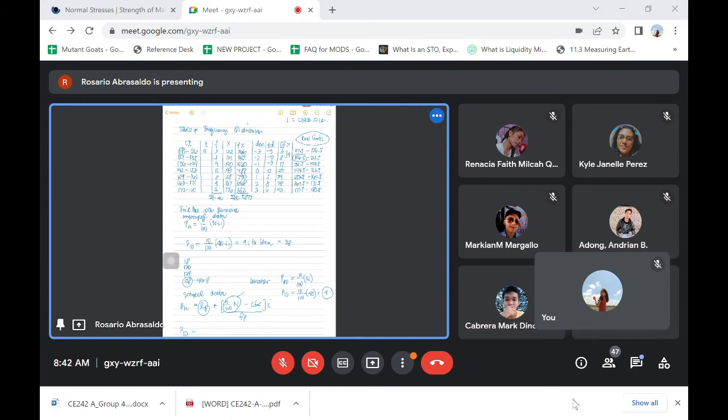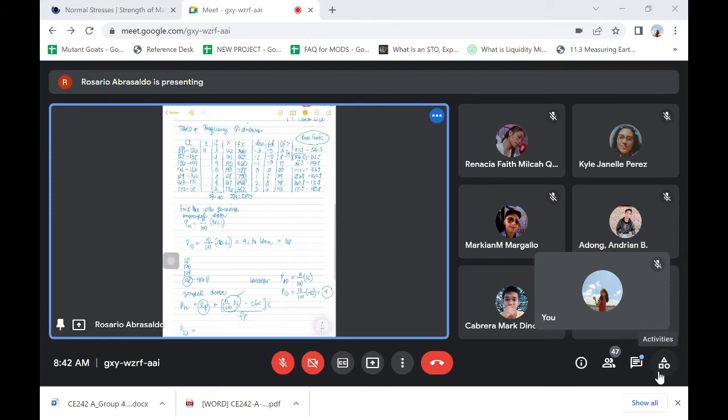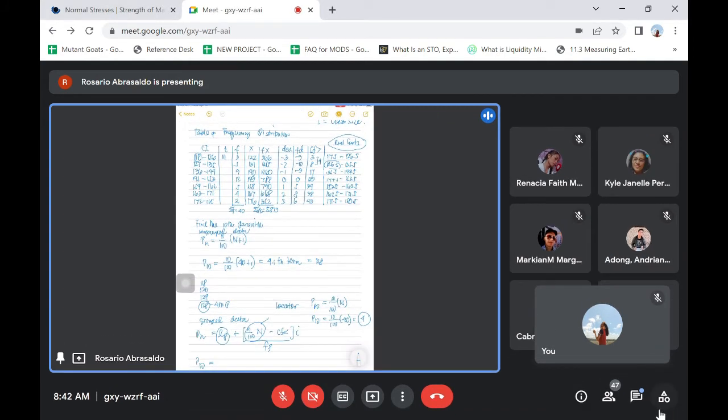126. What if ang ato ang locator is 10? So naa na po siya sa 8 to 17. So mao na po ni siya ang ato ang L sub P. Okay, L sub P. So here L sub P is 126.5 because our locator 4 is in between 3 to 8.